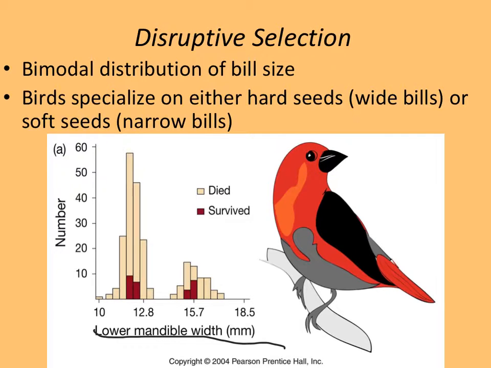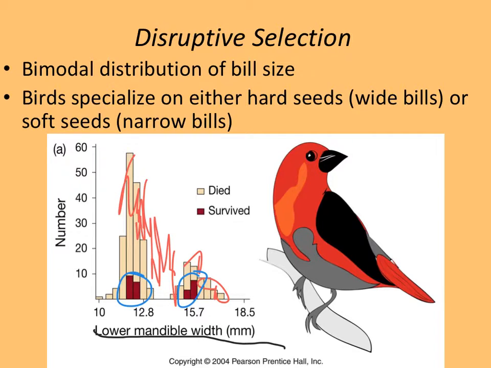Okay. You can see where selection is. Selection is killing all this stuff, and the only thing that's left over are those birds at 12 and 15.